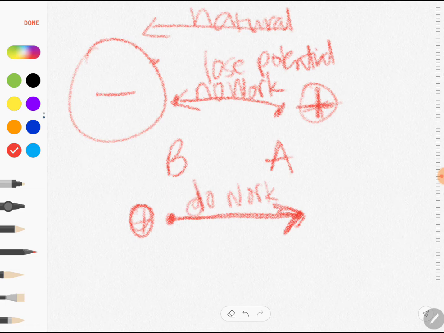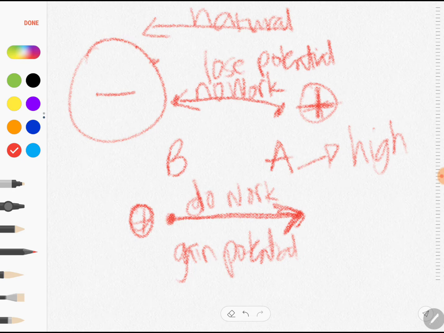Will it lose or gain potential? It will gain potential. So in this situation, we can say that A is an area where there is high potential and B is an area where there is low potential.